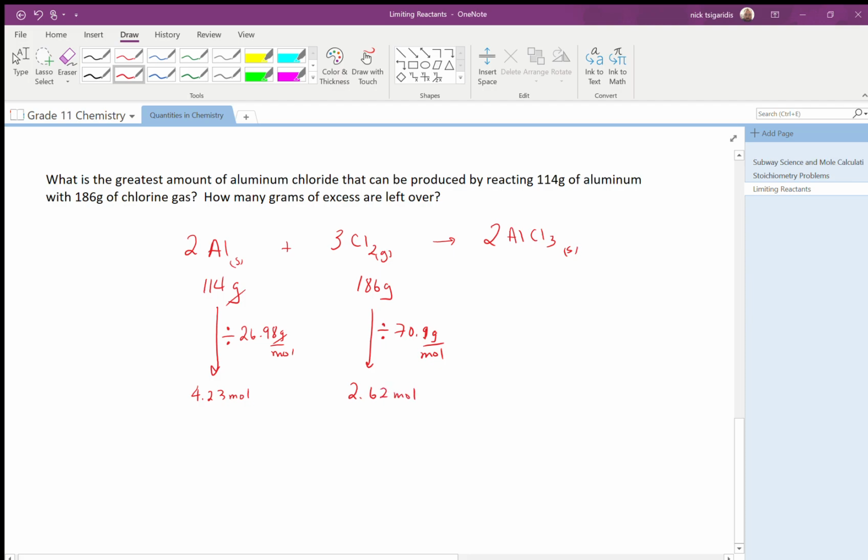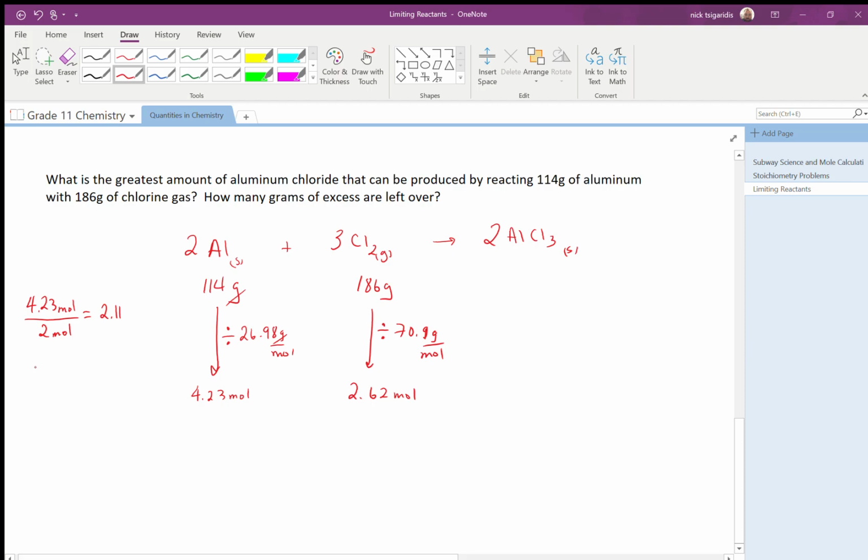So just like in the last question, I'm going to take these numbers of moles and divide them by their coefficients. So I have 4.23 moles divided by 2, which is the number of moles of aluminum in the stoichiometric ratio there. And that produces a value of 2.11. And I will do the exact same thing with my chlorine.